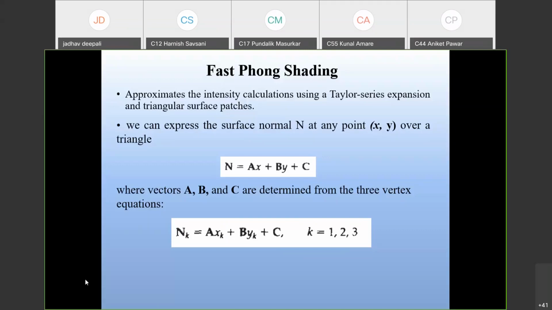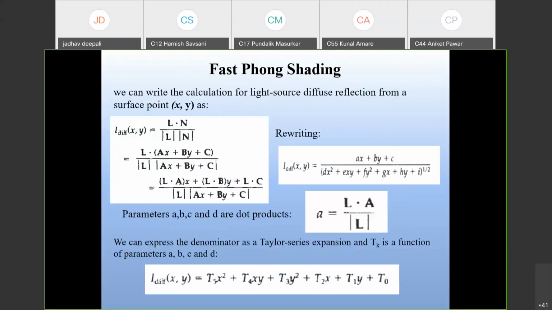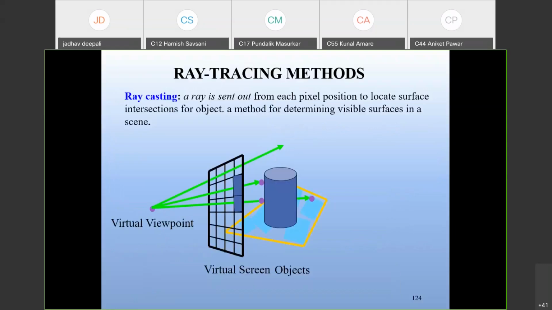Suppose there are a number of vertices with the triangular surface, then n1, n2, n3, up to nk. All these are calculated with this equation. These are some equations for this one.